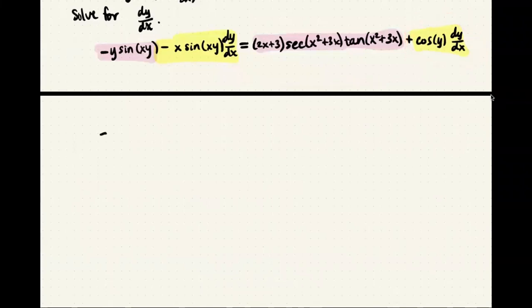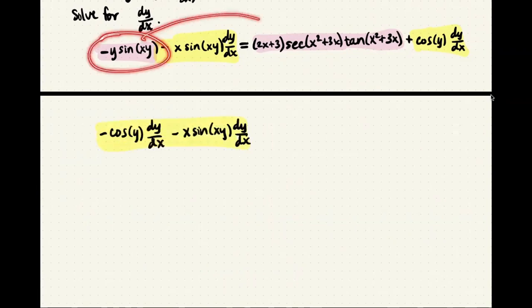So I have negative cosine y dy/dx on the left. So minus x sine xy dy/dx. So those were my terms I was collecting that had dy/dx next to them. And I want to get this y sine xy over to the right, and it has a negative in front, so I'm going to add y sine xy to both sides.